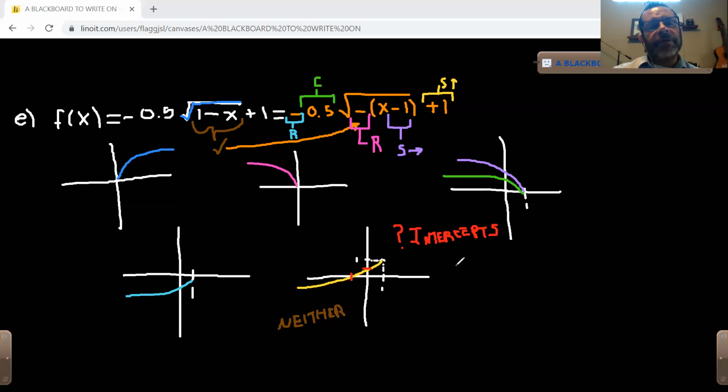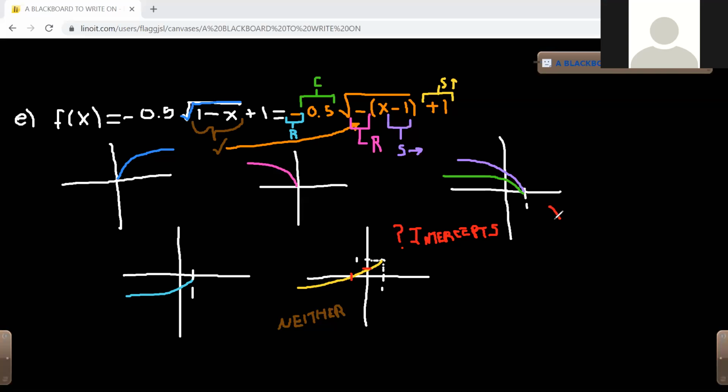So does somebody remember how we find the intercepts? I'm going to write that down here in red, and we're going to find those values. You need to know where the graph crosses the x and the y axis.